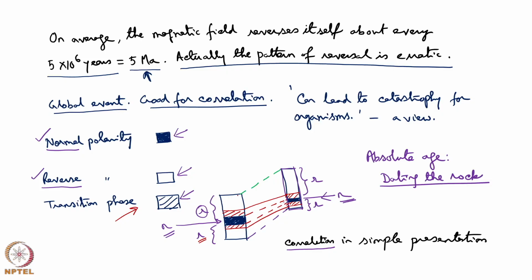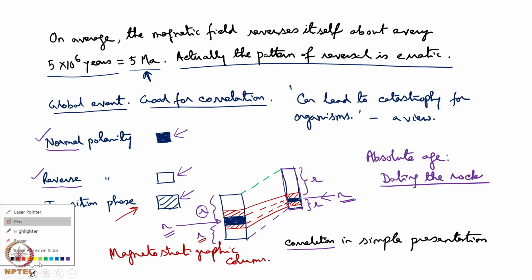Another point, in such a magnetostratigraphic column, it may be possible that we have more than one normal polarity zone. So, here we have got one over there and the second one. We are not sure in that case whether this correlates with this one or this correlates with that one.